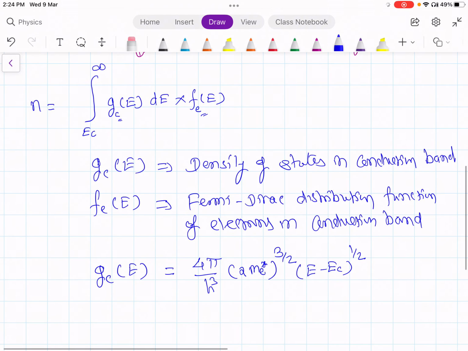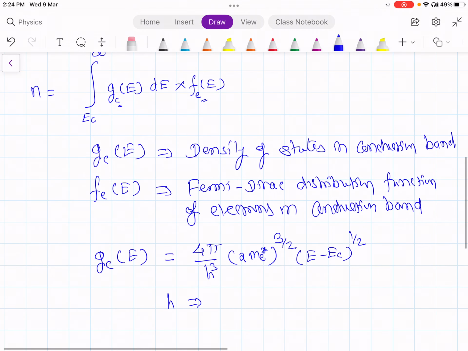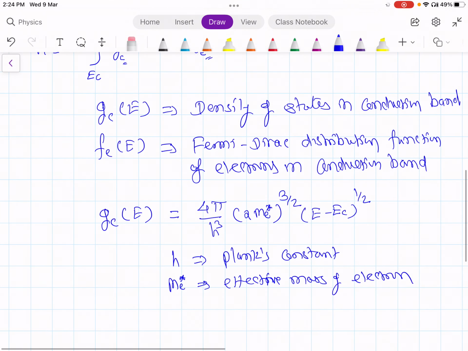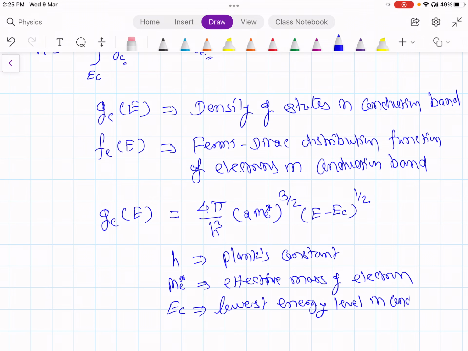In this equation, as you know, h is Planck's constant, and me star is the effective mass of the electron.